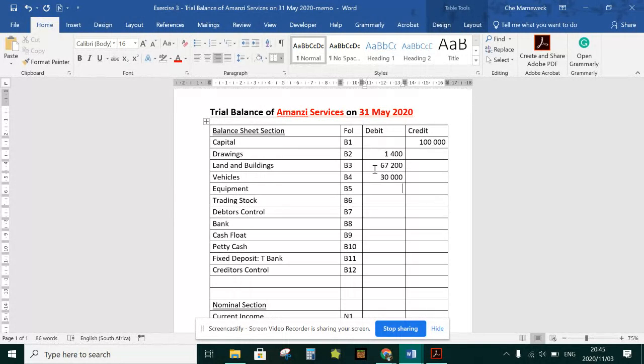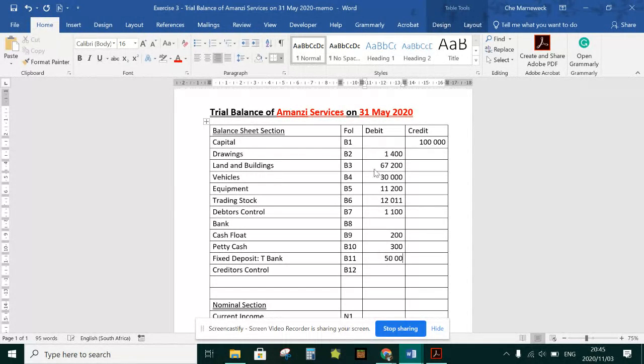Equipment 11,200. Trading stock 12,011. Debtors control 1,100. Bank has a question mark. We need to work it out. We'll come back. Cash float is 200. Petty cash 300.